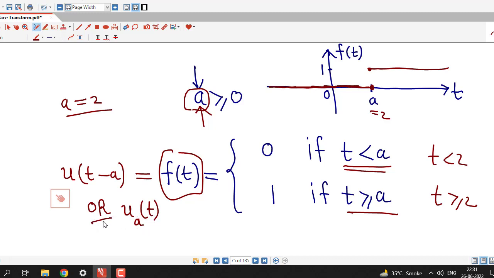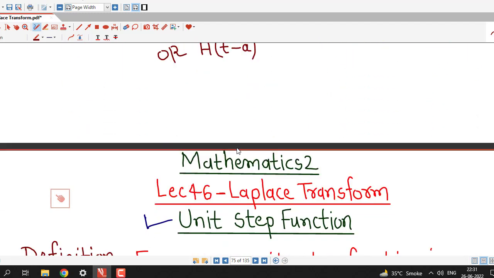So these are the different notations. This function is known as unit step function. Another name is Heaviside's function. So sometimes it is denoted by capital H of t minus a also. So this is the way how unit step function is defined.